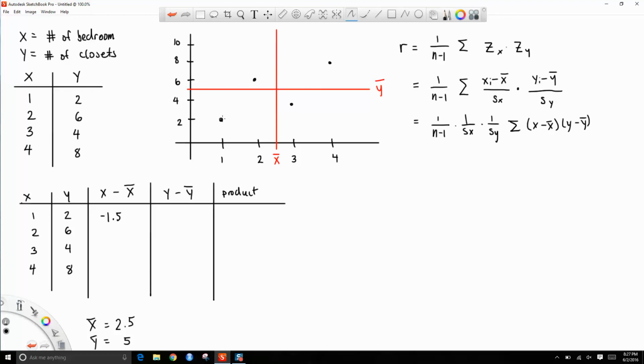So this value here is 1.5 units lower than x bar, and for the y value, it is 3 units less than y bar. Okay, so 2 is half a unit less than x bar, and 6 is 1 unit above y bar.